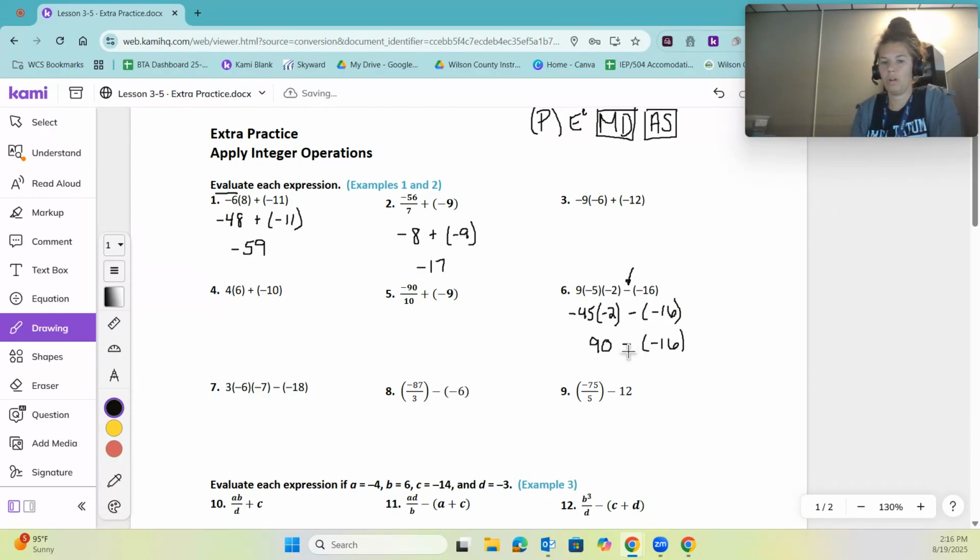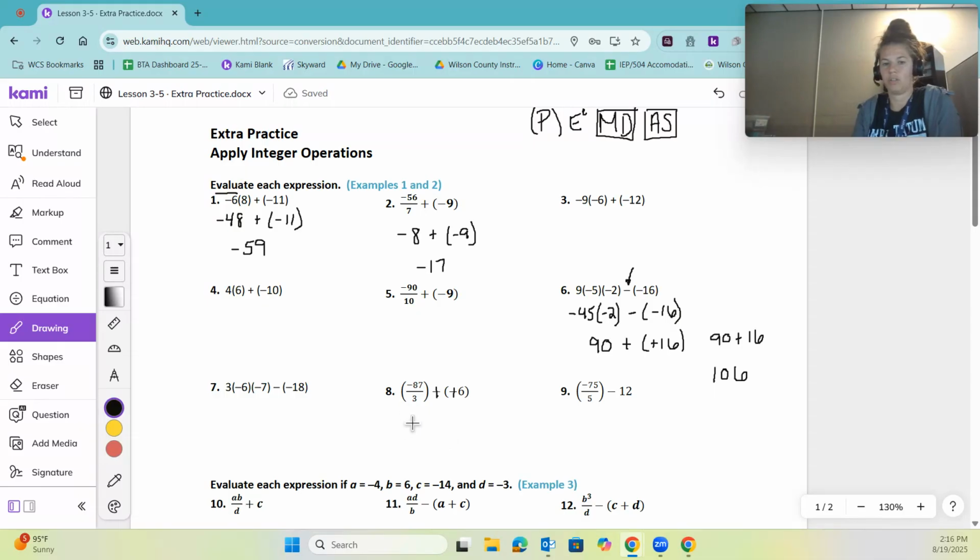And then -45 times negative, a negative times a negative is a positive, so we get 90 minus -16. And then when we have subtraction, we add the opposite. So this becomes 90 plus 16, which gives us 106. Okay, so 106 is our solution there. You can try number 7 just like that one. Okay, and number 8 is very similar to number 2, but we have to add the opposite.